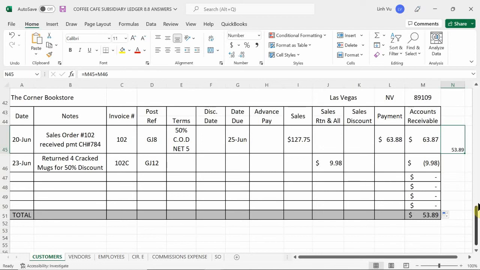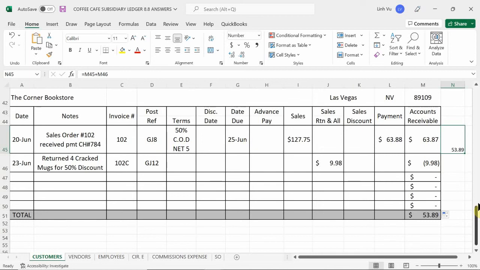They made a refund, they wanted to apply it on an invoice, so I have to issue them a revised invoice with the correct amount. So they don't owe me $63.87 anymore. They owe me $53.89. Okay? So that's something I have to make a note for and make a separation between.